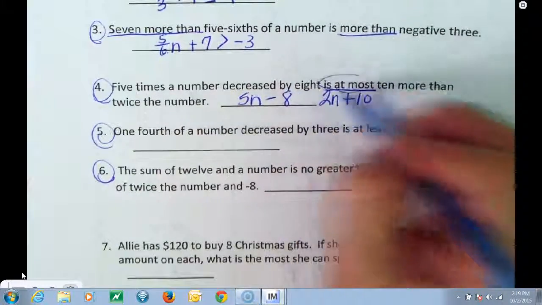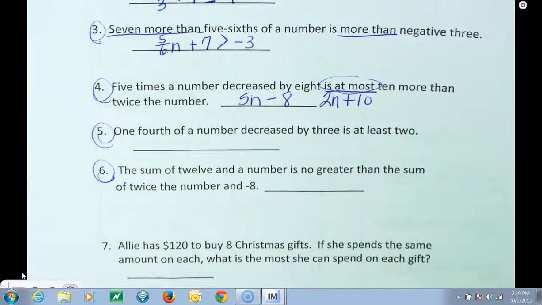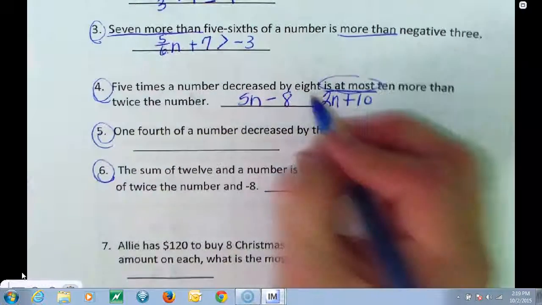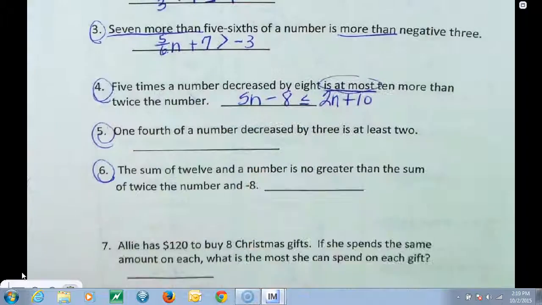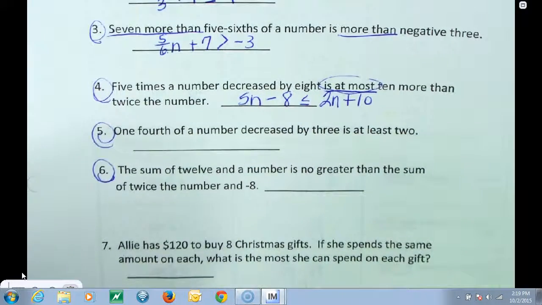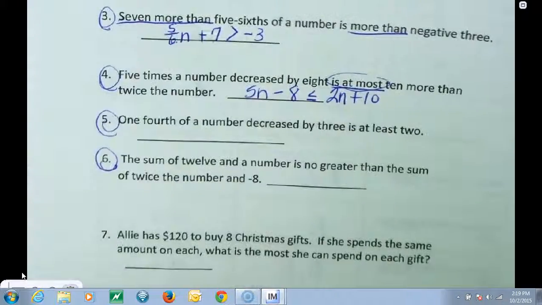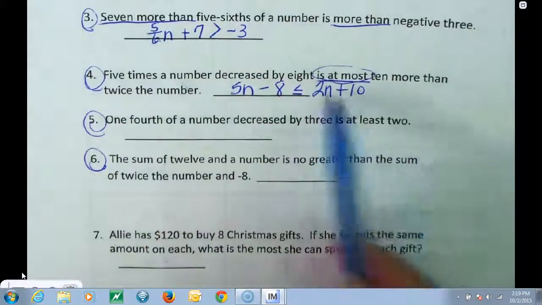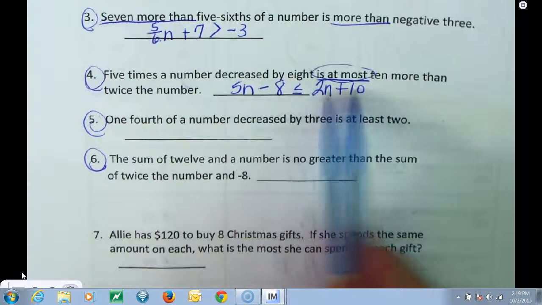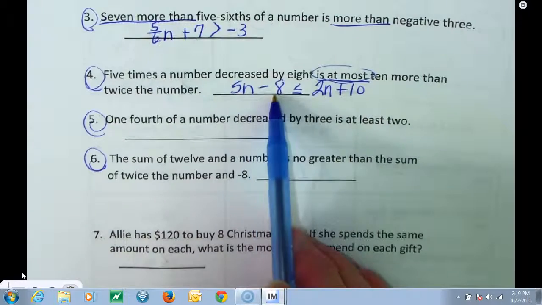Now, what sign are we going to put when it says is at most? Guys, all you had to do was look on the front page. Look, all you had to do was look. Who looked over there to find that symbol? Okay. Well, some of you are acting like you're erasing. This could be different. I mean, that could be 10 plus 2n. But this has to be just like it is.